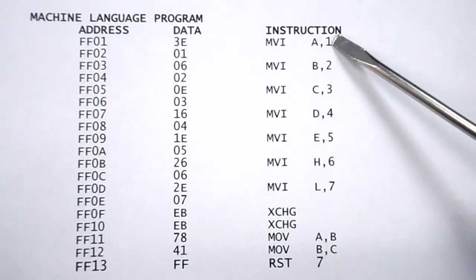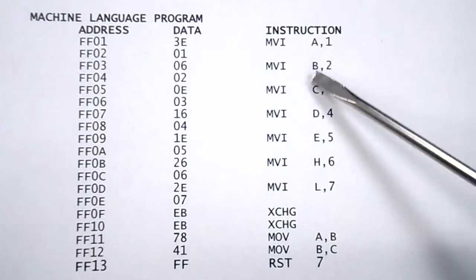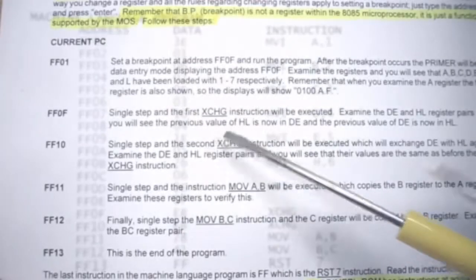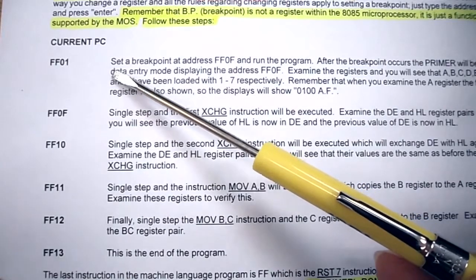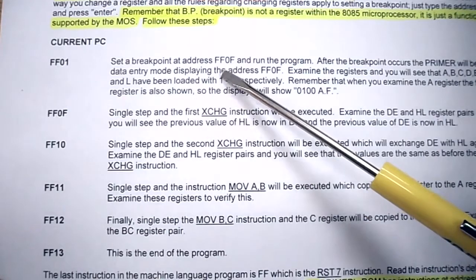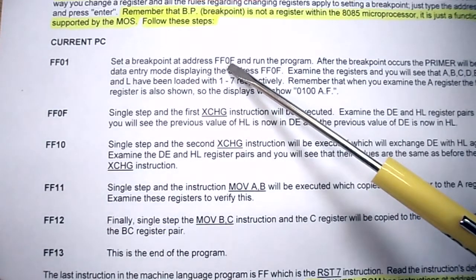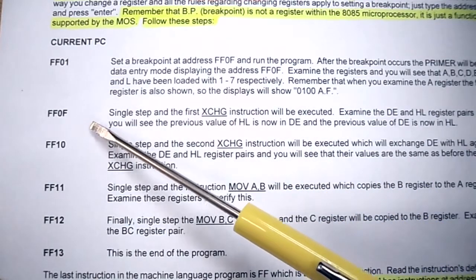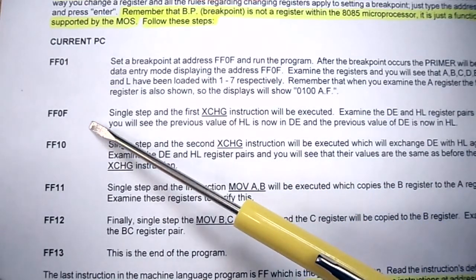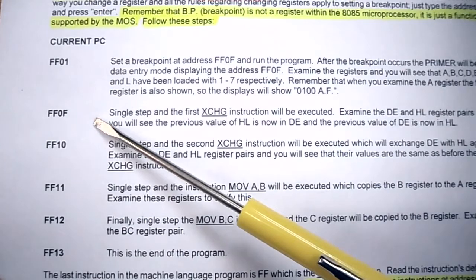So we should see these numbers in these registers. So what we're going to do is at FF01, we're going to set our breakpoint at FF0F. We're going to run our program and it should stop at FF0F. We're going to examine the registers.